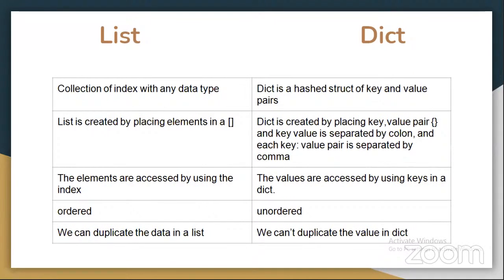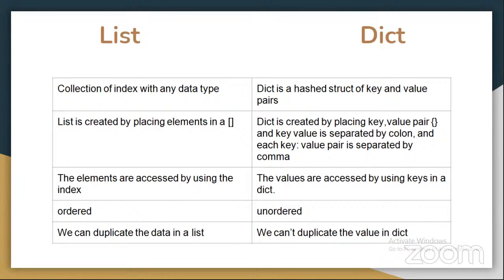Differences between list and dictionary. List is based on the principle first in first out, and dictionary last in first out. The principle we are using for the dictionary data type is last in first out.